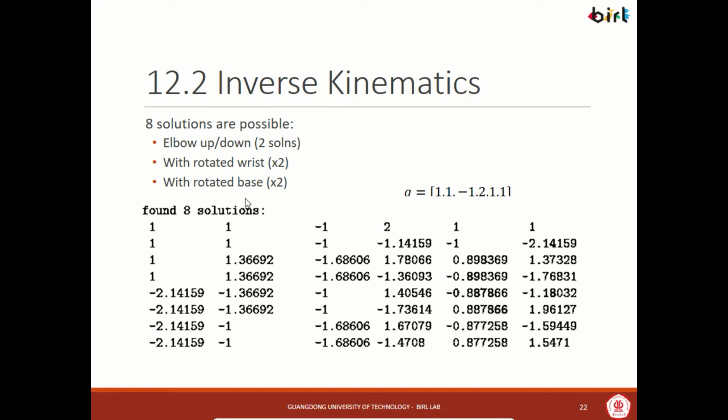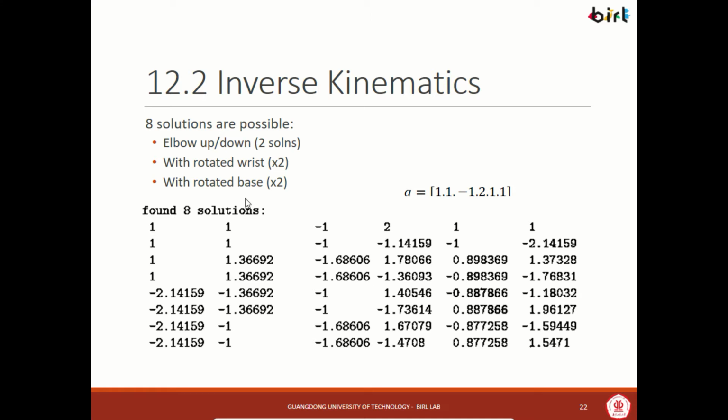Here the proximal joints are the same, but then this changes. So this might be a flipped wrist. And then here, this might be elbow up, and this might be elbow down. But here, the wrist changes. So you can see positive number, negative number here, positive, negative number here.